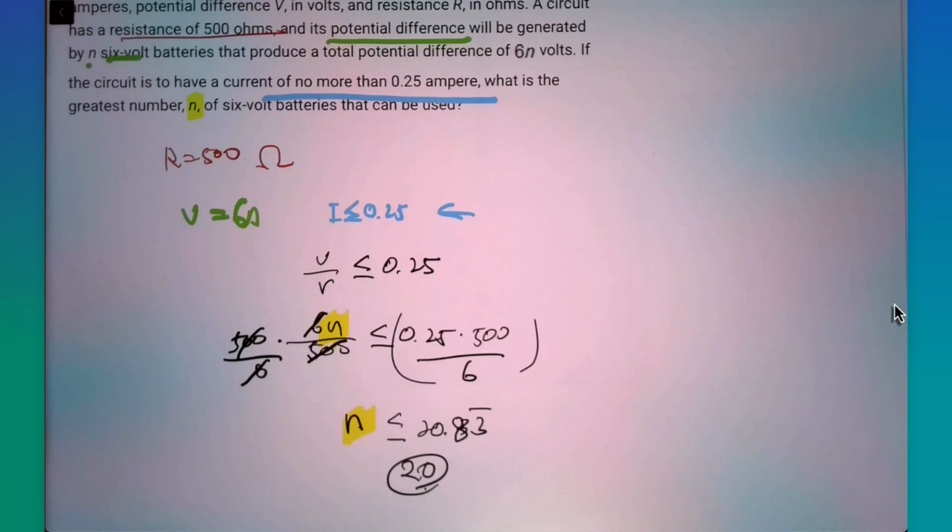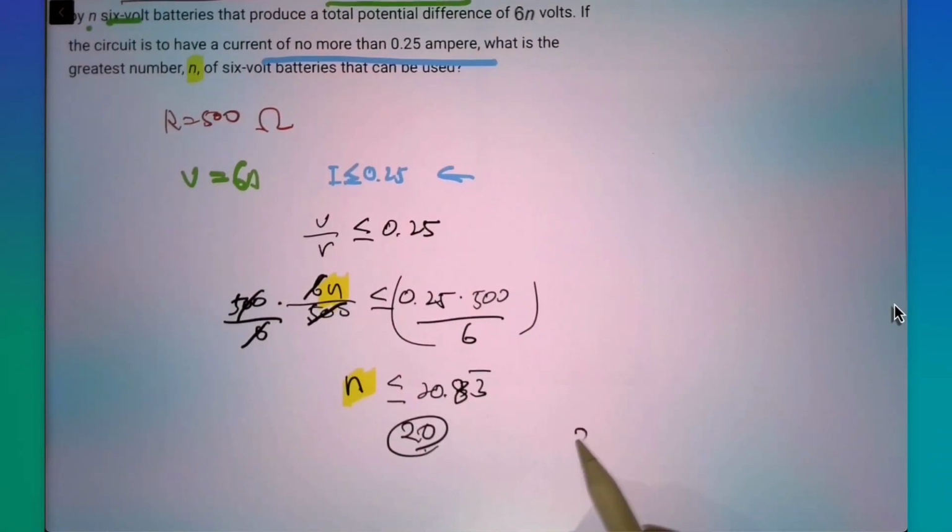It's like you cannot have 2.7 human, right? You cannot have 2.1 human. In the same way, here we're going to get 20 maximum batteries. So the answer should be 20.